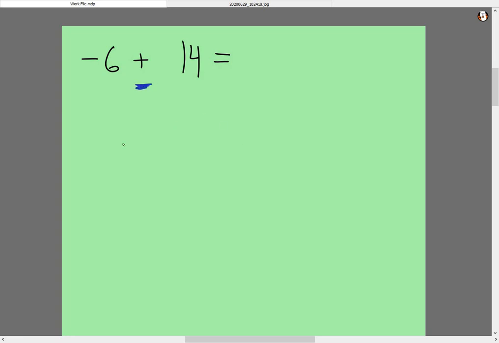Good, I like addition. Now we need to compare the signs. We have a negative and we have a positive. We have no sign, so that must mean this is a positive. So when the signs differ, that equals subtraction.